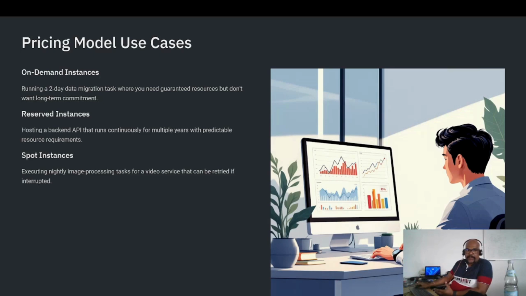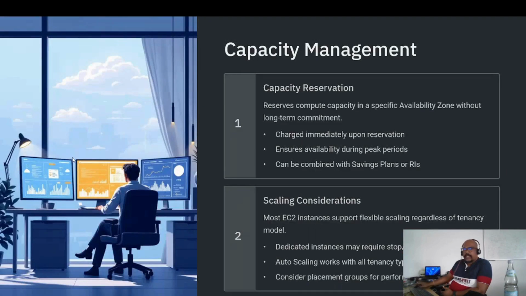So if you want to execute heavy image processing tasks, you can go for spot instances. In the case of capacity reservation, if in the future you want to reserve a particular instance launched in a particular availability zone without any long-term commitment, you can go for capacity reservation.